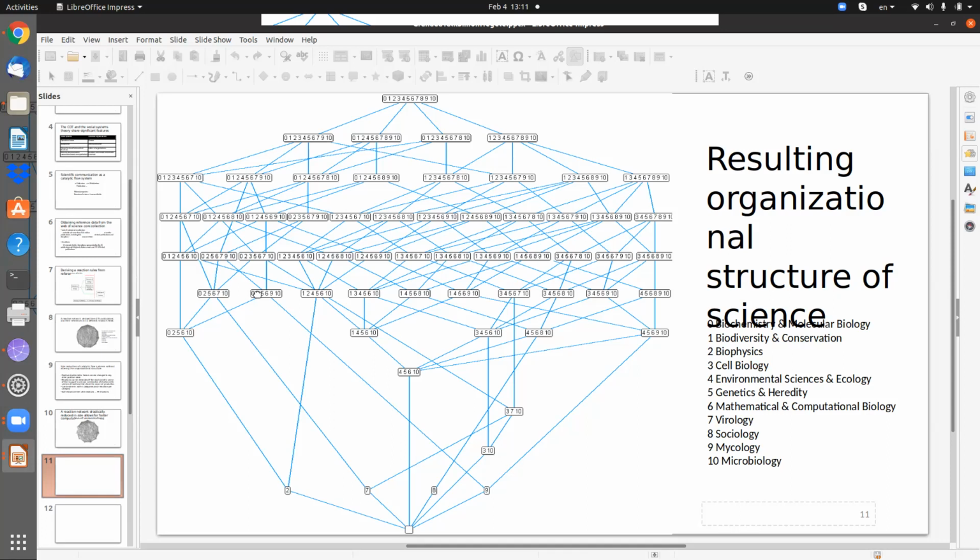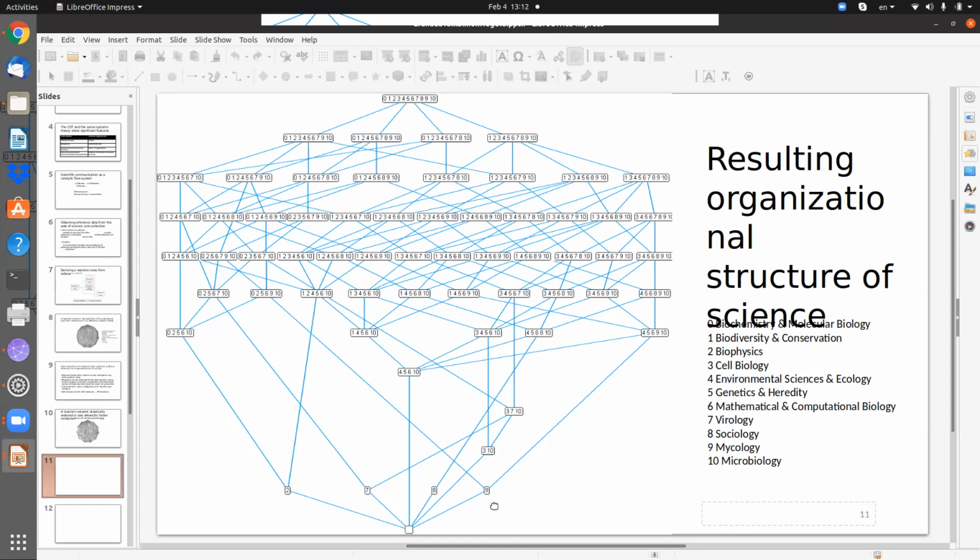And I think the most interesting are the organizations really down here and up here. Why is that? It's because at the bottom we can see really basic dependencies on different categories of science.